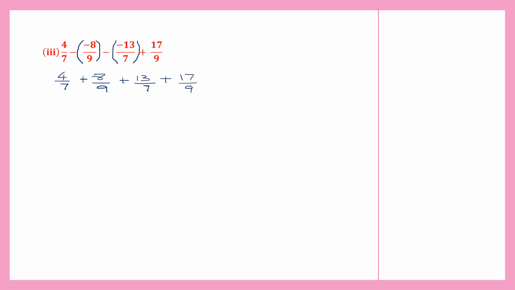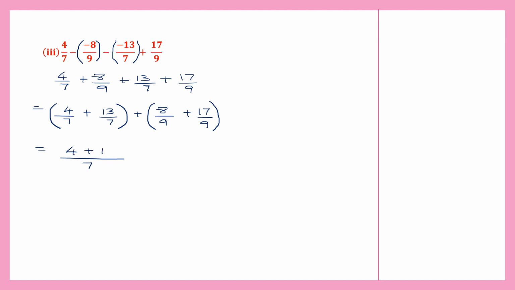So we have all these rational numbers. Let's put the ones with same denominators together. So 4 by 7 plus 13 by 7. This is one group. Then the other group is 8 by 9 plus 17 by 9. This is the second group. Now let's simplify this. So we have 7 here and the denominators remain the same, 4 plus 13.